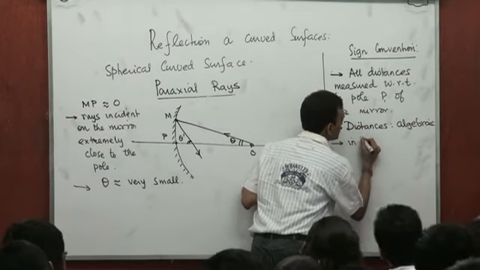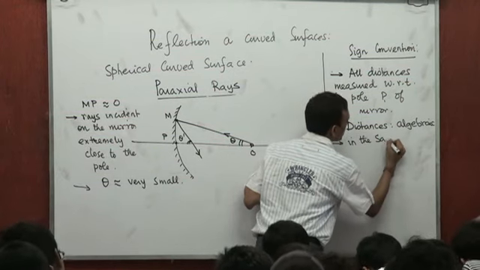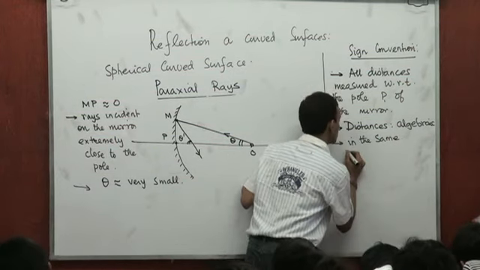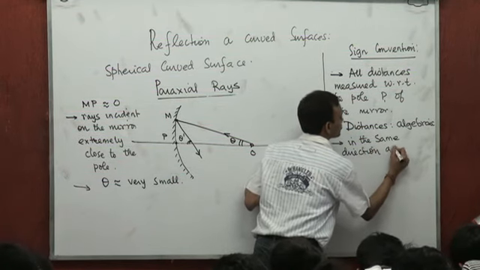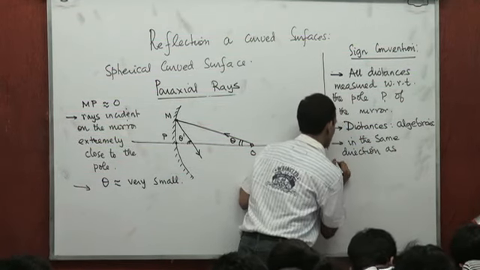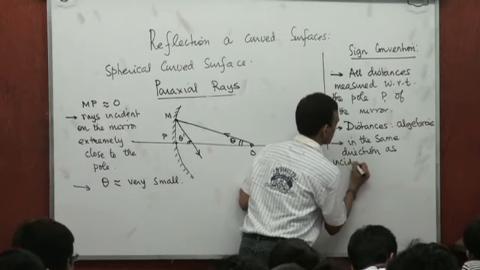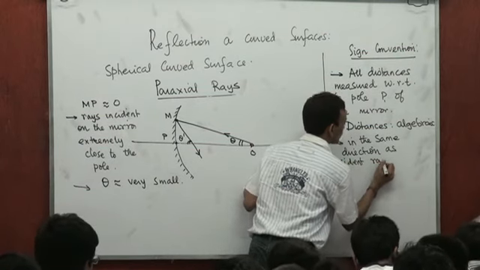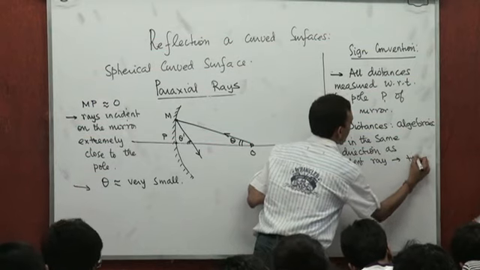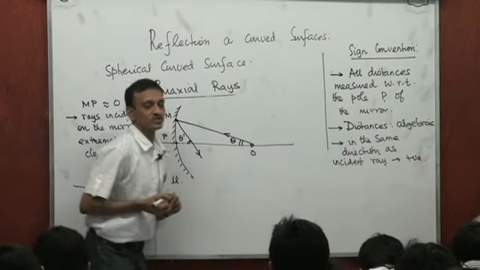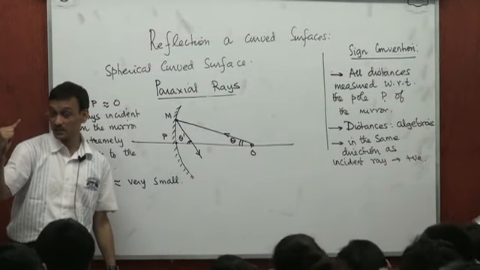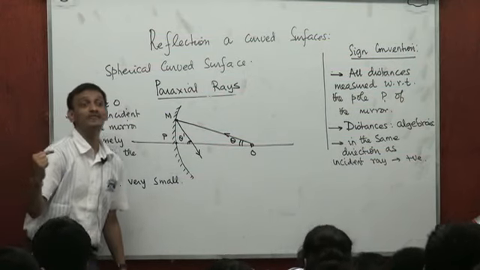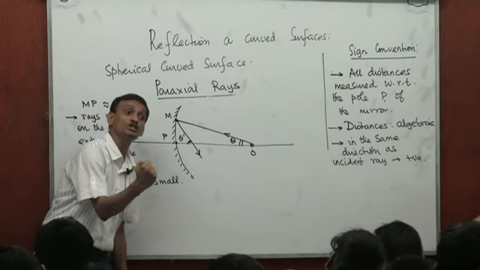When measured in the same direction as the incident ray, it's considered positive, when distances are measured from the pole by traveling in the same direction as the direction of the incident ray.